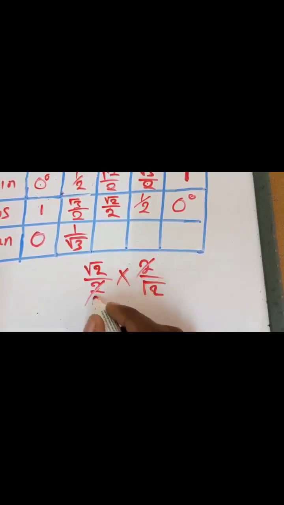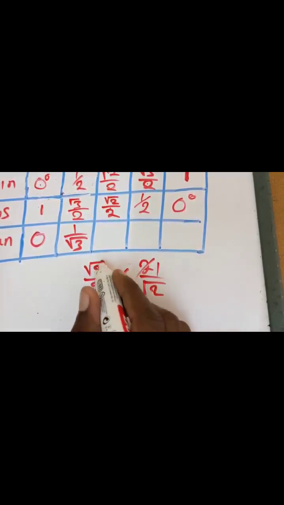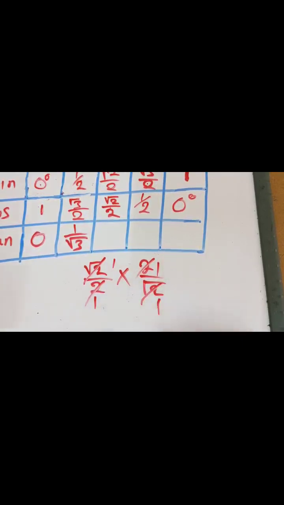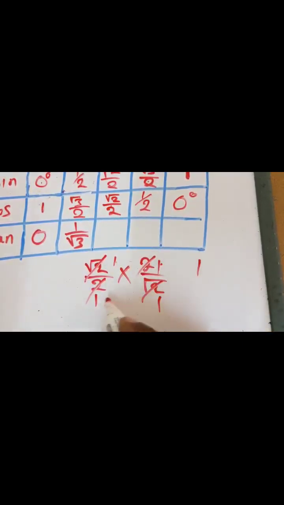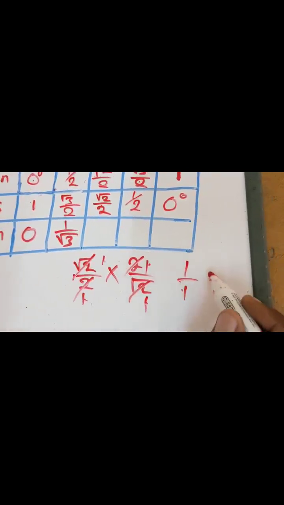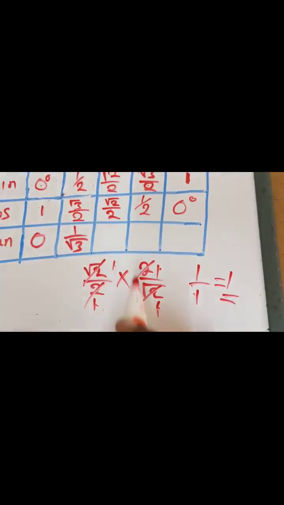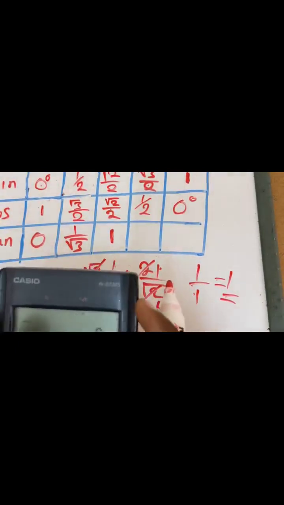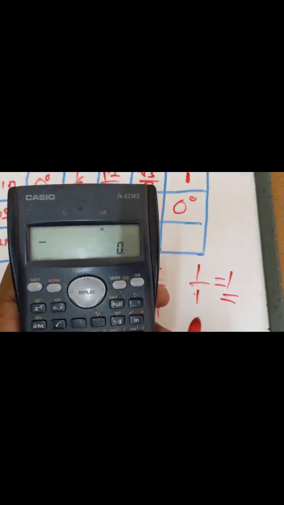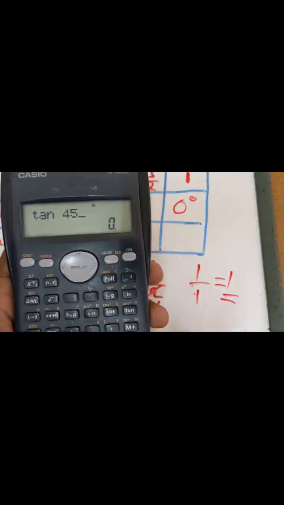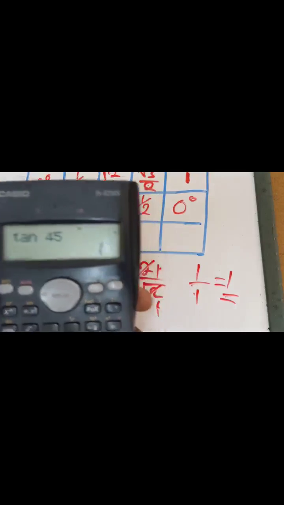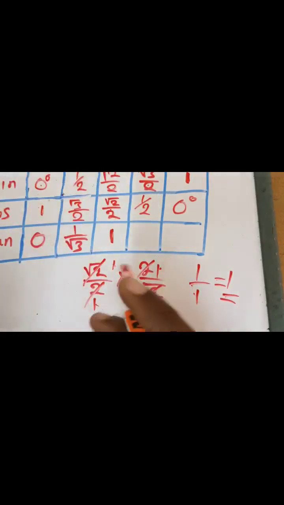So 1 times 1 is 1, and it's just 1. If you check tan 45, that's 1. See? So this is what you are supposed to do.